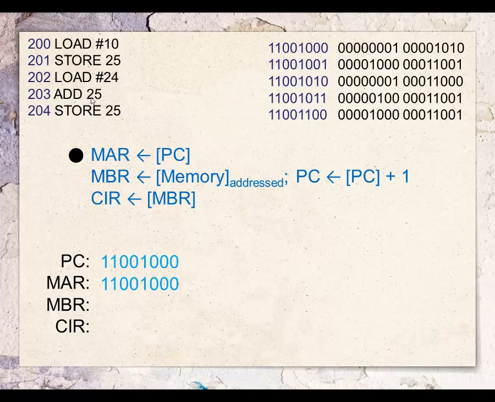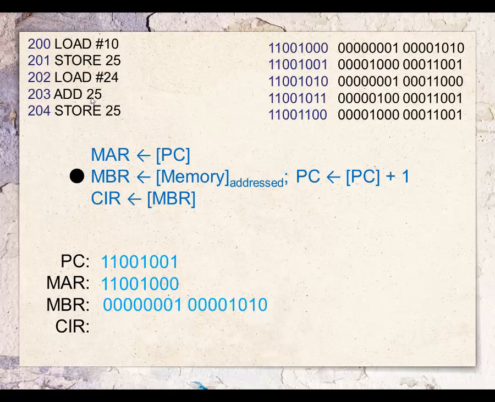The next cycle of the clock takes us to this line here. That means that the contents of that memory, this data here, is then passed to the MBR. At exactly the same time, the PC has 1 added to it. It was originally 000, it's now 001.